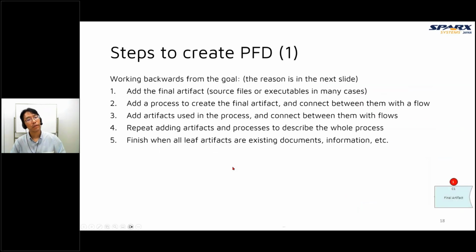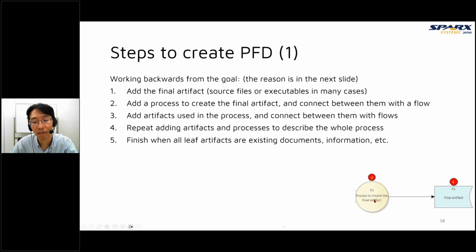Now, I will tell you how to create a process flow diagram. It's also very unique to this process flow diagram. We create from the goal, working backwards. So the first action is to add the final artifact, usually source files or executable. So add the final artifact first, and then add the process to create this final artifact.